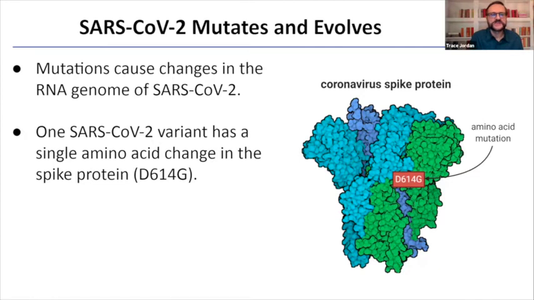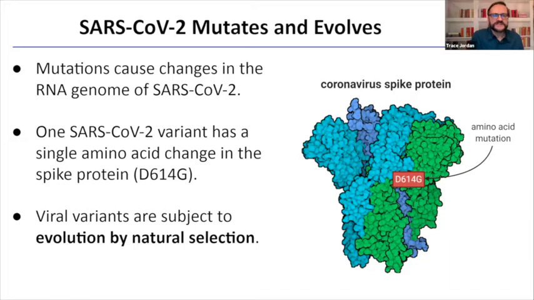This variant is called D614G, and the reason it is given that designation is that 614 refers to the 614th amino acid in the amino acid chain within the protein, and the original amino acid D, which is shorthand for aspartic acid, is mutated into a different amino acid G, which is shorthand for glycine. And you see in the picture on the right, the location of this particular amino acid mutation, D614G.